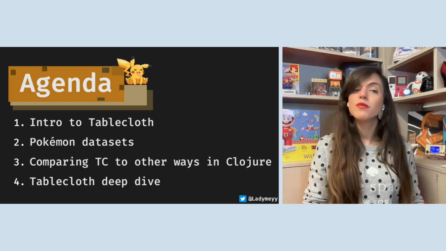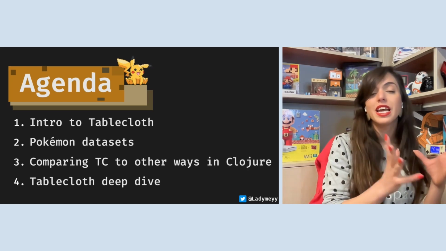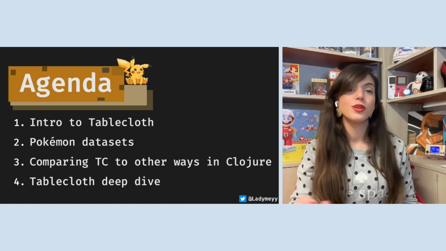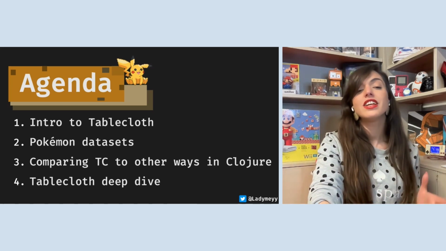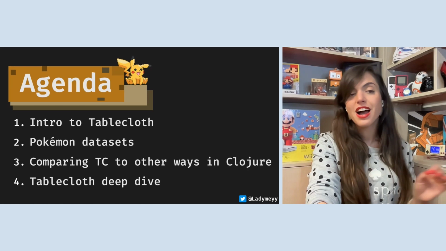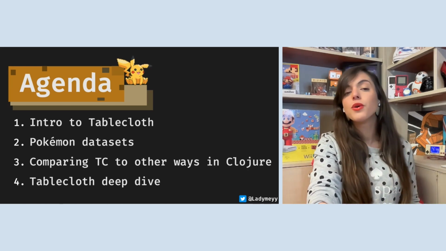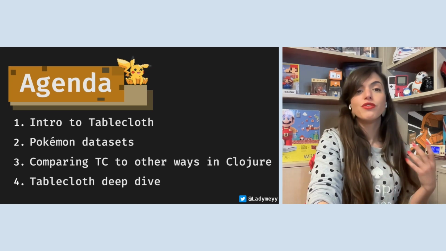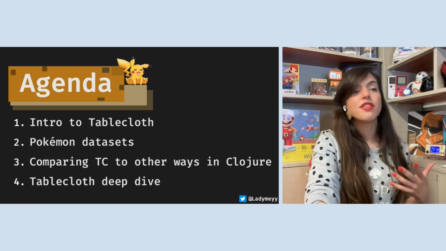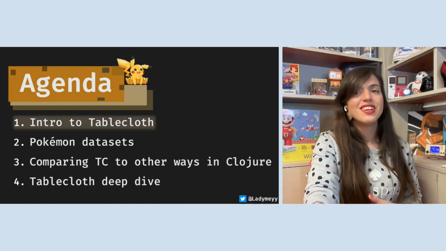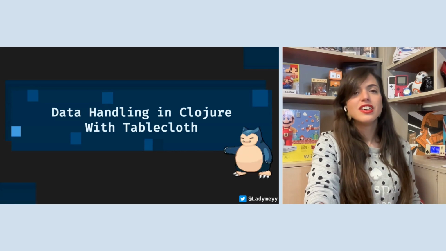Then I will be comparing the same things that I can do in Tablecloth to other ways that I can do that in Clojure. And the last thing that we will do is take a deep dive into Tablecloth's main structures. It will be helpful for us to better understand the way that Tablecloth works and how it's doing its magic. So let's begin with Intro to Tablecloth.